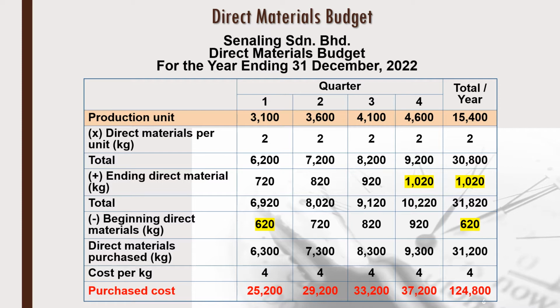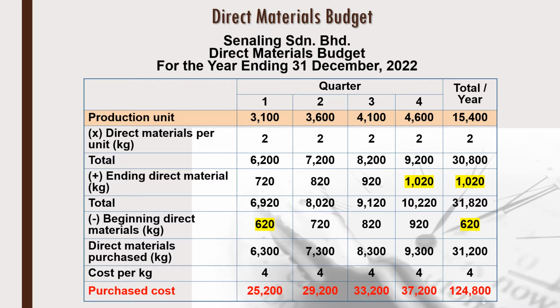Okay, now the total 31,820 minus beginning direct materials in kg, that is 620. The 620 comes from quarter 1. You must take the figure from quarter 1 because quarter 1 is at the beginning of the year. So you get the direct materials purchase in kg equals 31,200.